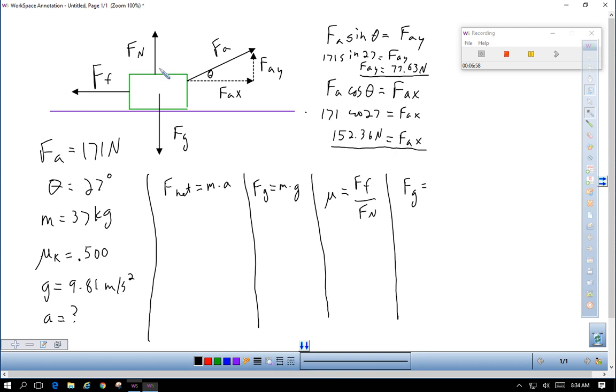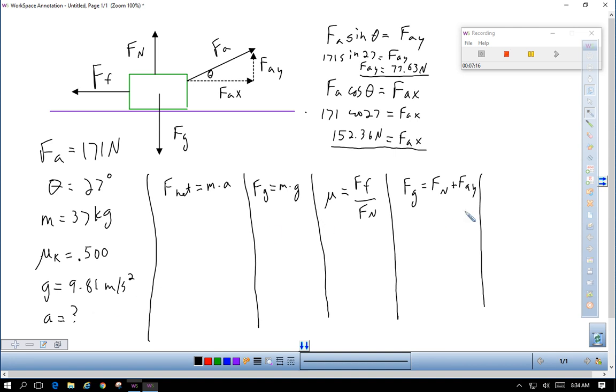Upwards I have Fn and Fay, so I need to write down Fn plus Fay. The combination of those two is what's balancing out Fg.